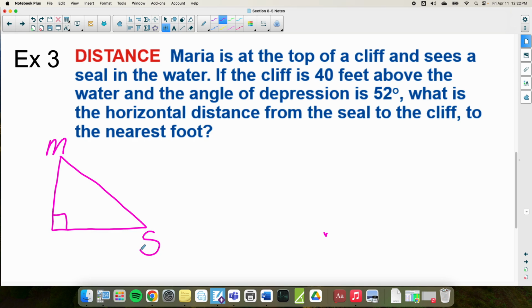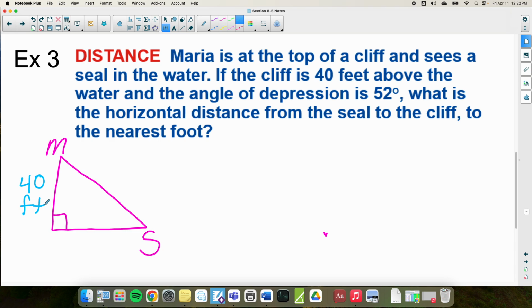Now, the cliff is 40 feet above the water. What distance in my triangle is that? Is it the vertical, the horizontal, or the diagonal? The cliff is 40 feet above the water. Isn't that this? Okay. So what I'm gonna do, this is 40 feet.